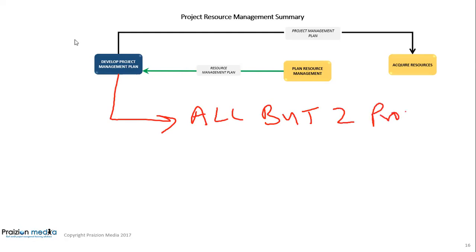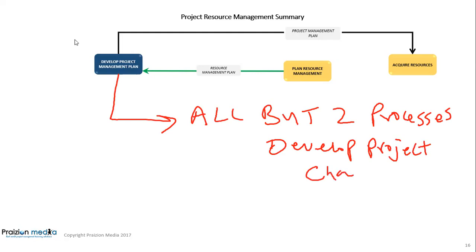processes. The only two processes that it doesn't go to are develop project charter and develop project management plan.